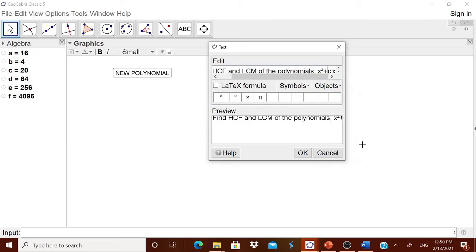The second polynomial I want to have x square minus a square. What is a square here? It is 256, which is nothing but e. And I want x cube plus a cube. You see it is left to you, I think I told you earlier. A cube is f. Is it okay?